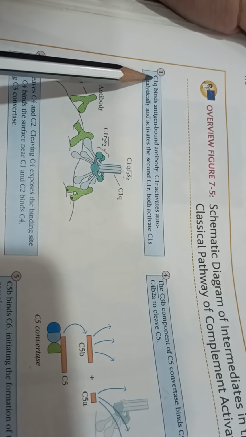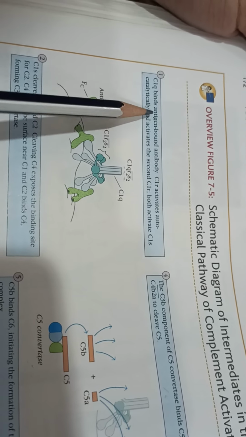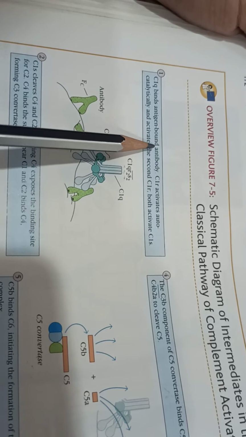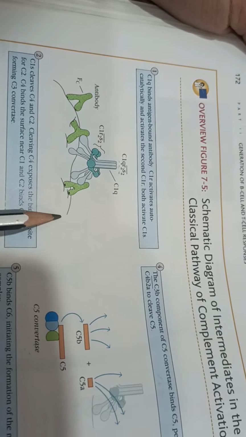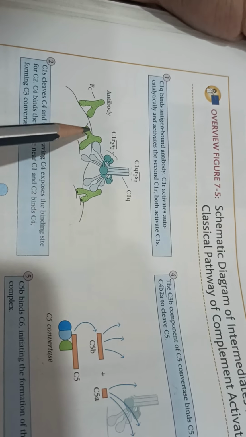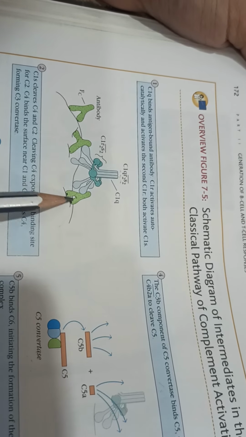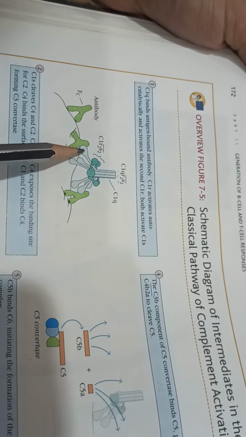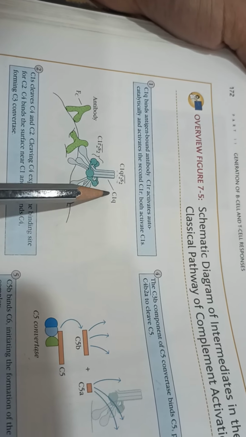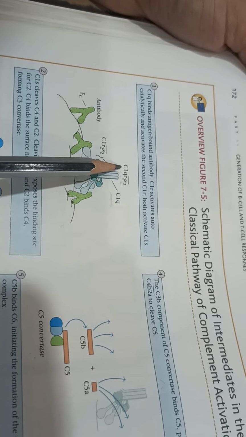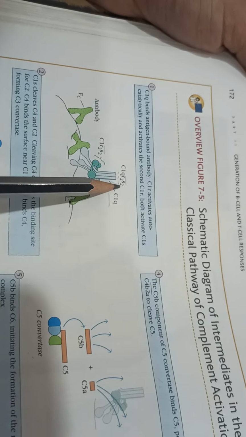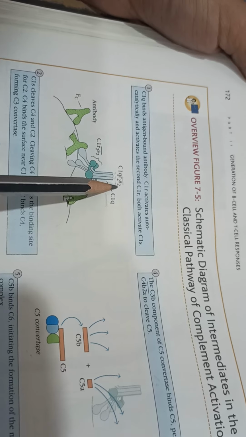Let us read the sentence. C1Q binds antigen bound antibody. So this is the antigen and these are the antibodies, the green ones. These antibodies are now bound by C1Q, which means C1Q R2S2 totally.